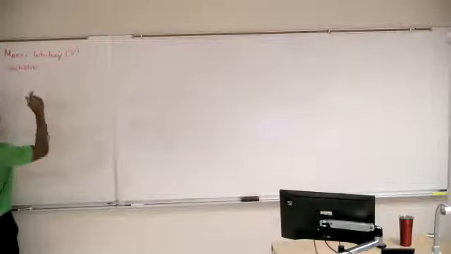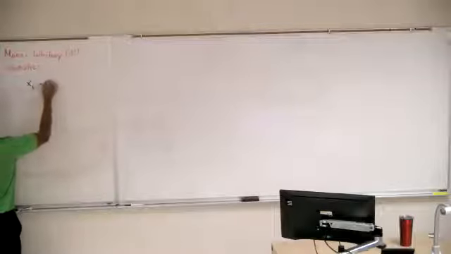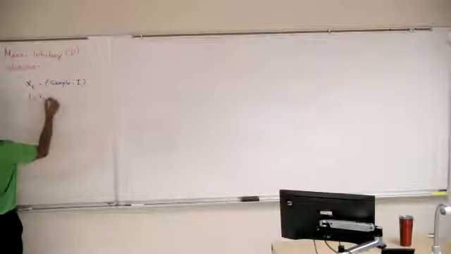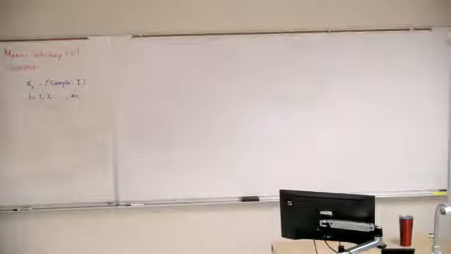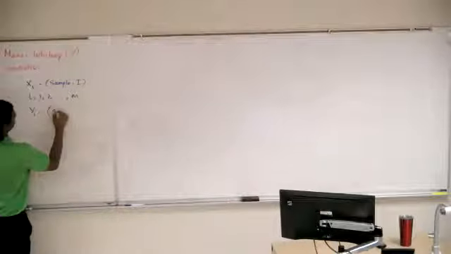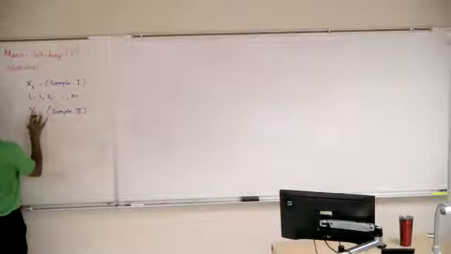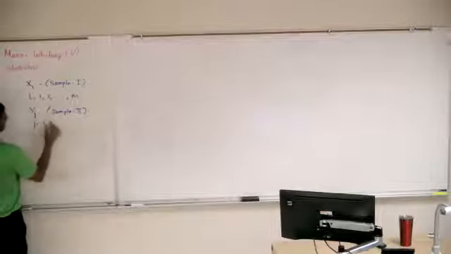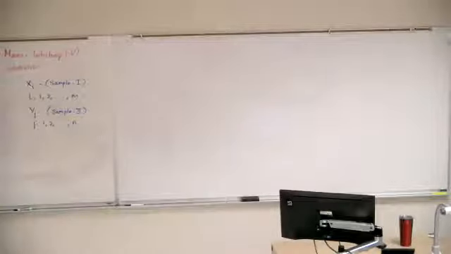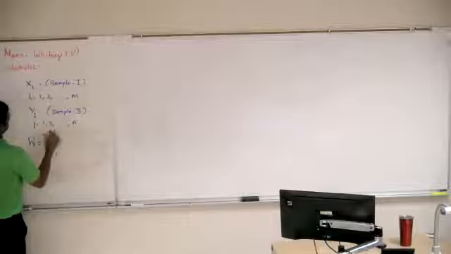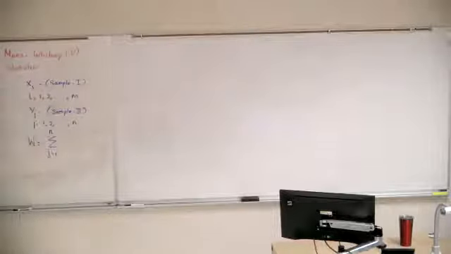So if we have a bunch of observations, x_i, sample 1, I believe we called it 1 through m, and y_j, sample 2, 1 to n, we defined the Wilcoxon rank-sum statistic as the sum over j equals 1 through n.